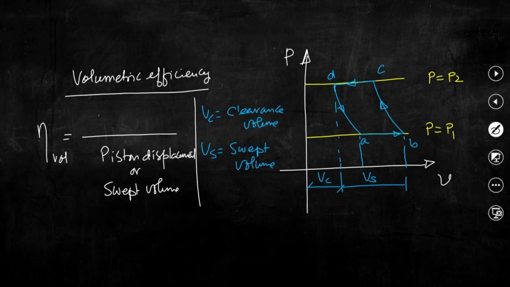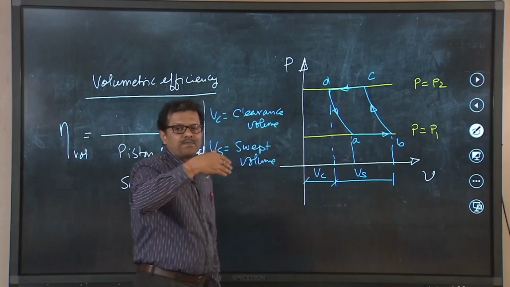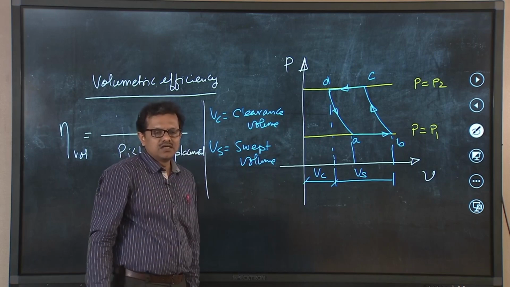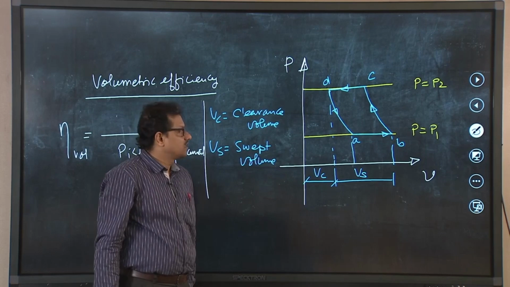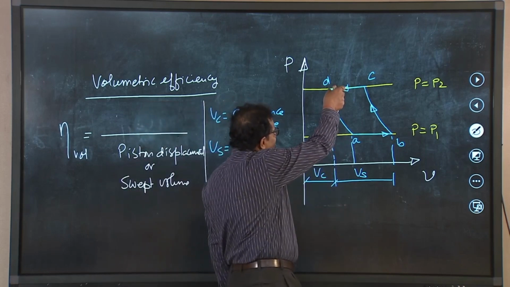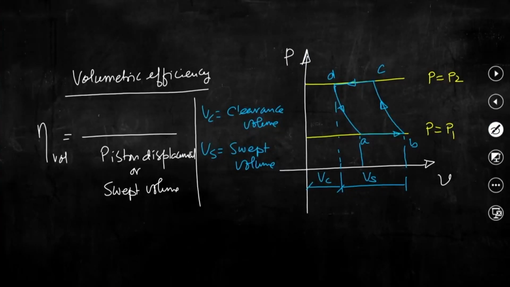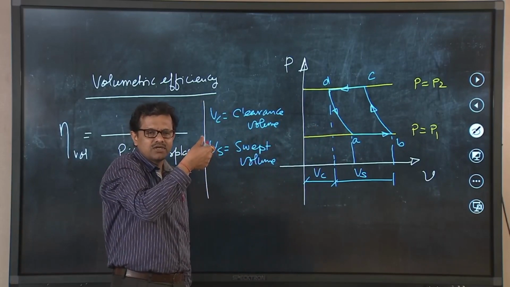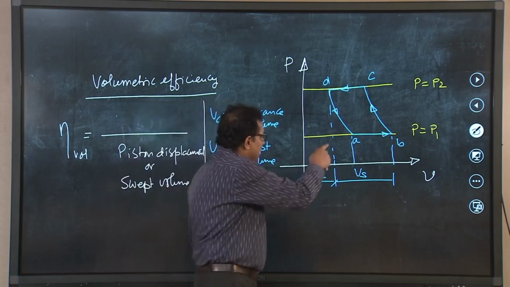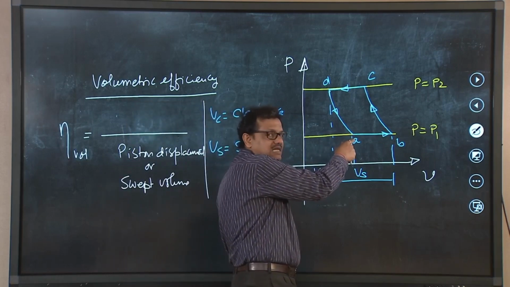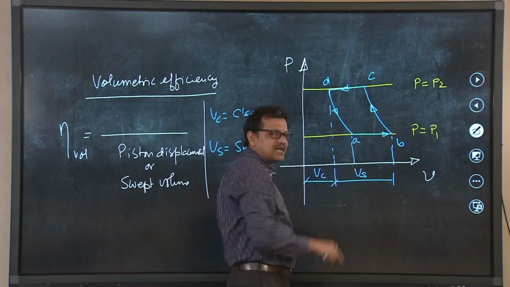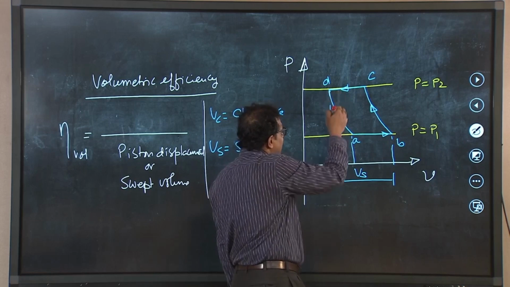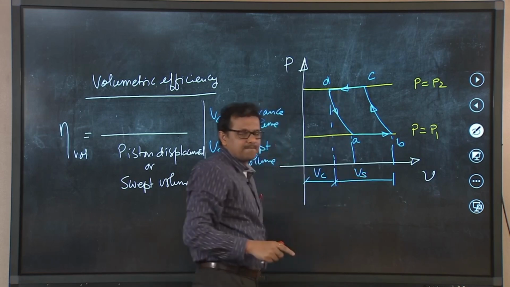When the compression stroke ends, the high pressure working fluid is discharged into the combustion chamber. Then, when pressure is still at P2, there is an expansion because the piston has to come to another pressure, so that the pressure inside the cylinder is again the suction pressure P1. So, essentially this is the swept volume.